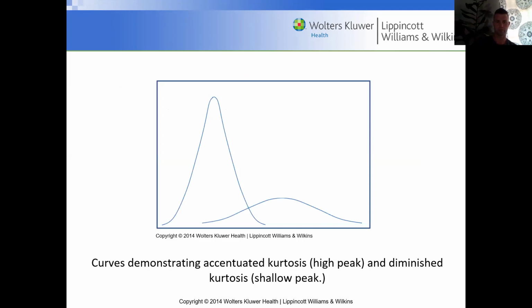So kurtosis would be the peak, you see that one peak to the left is very high versus the peak to the right is very low, right? It's not like one is plateaued, right? This sort of looks like what we keep seeing with predictions on coronavirus, right?